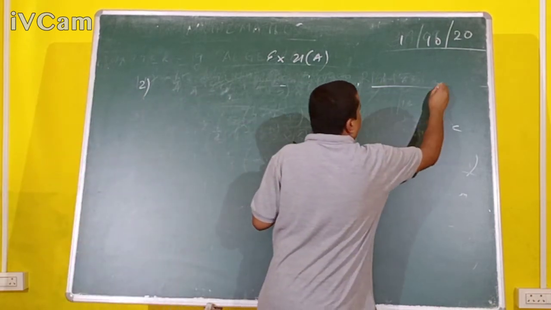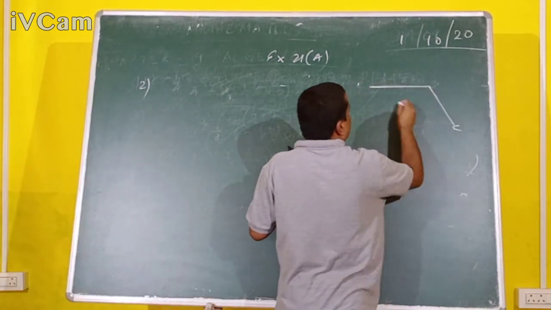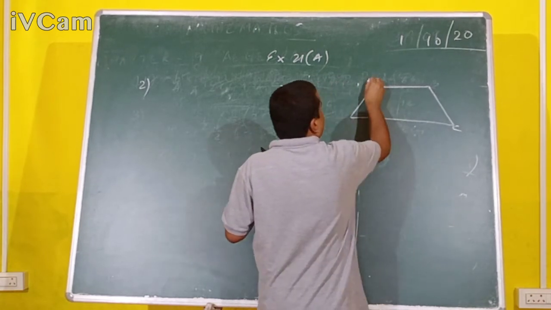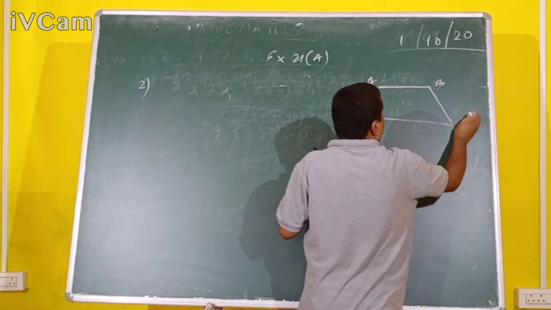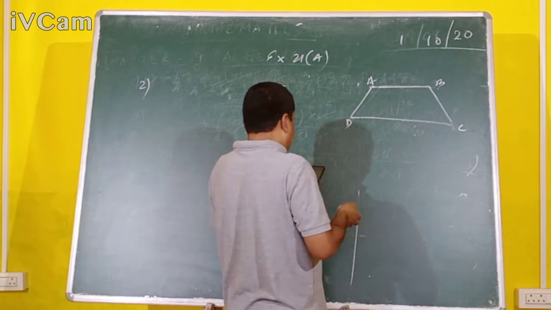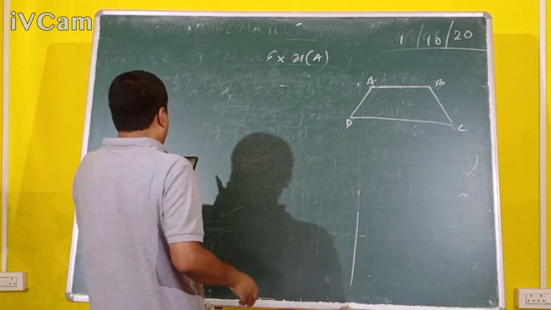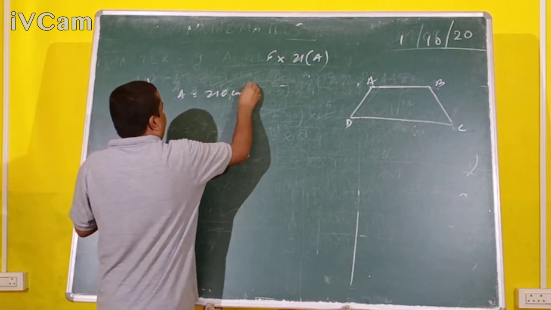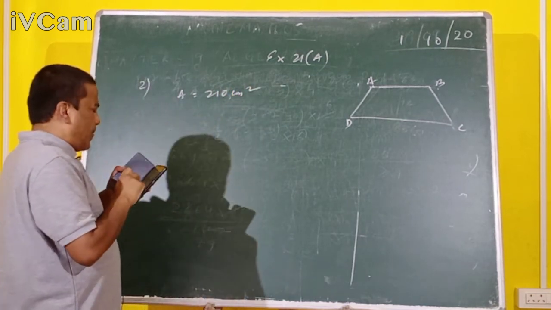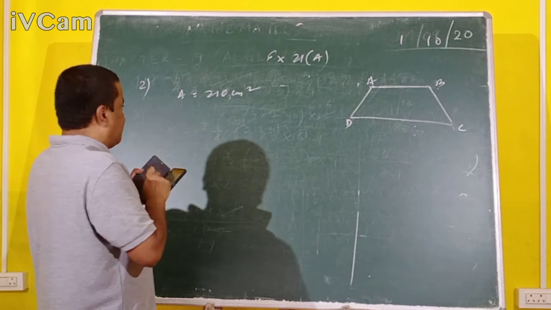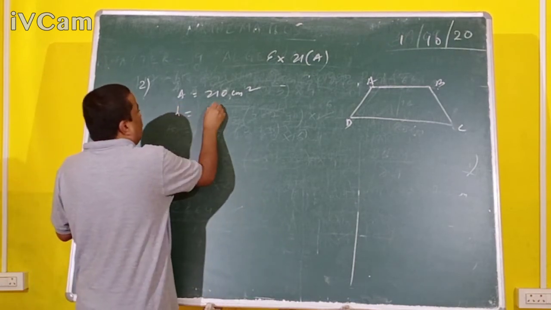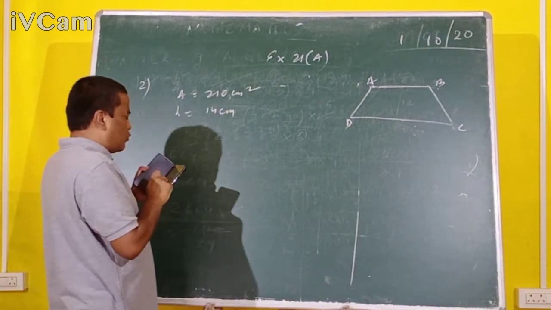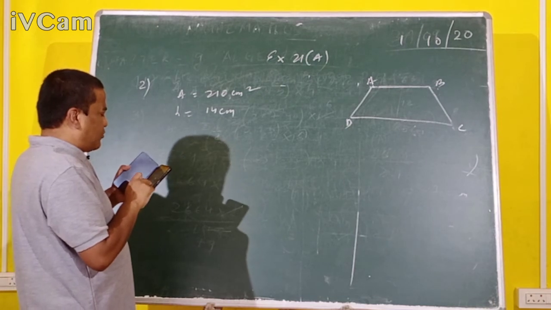Draw one trapezium and just write A, B, C, D. The area of the trapezium is 210 centimeter square and the height is 14 centimeter.